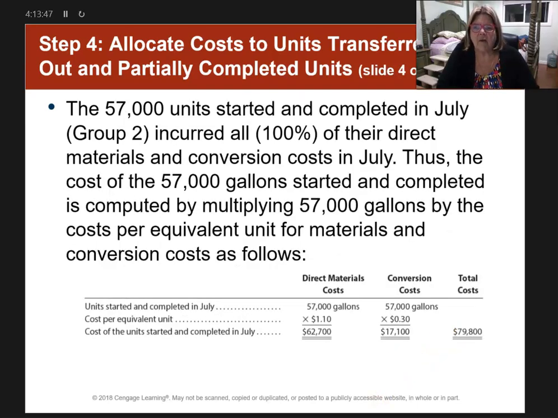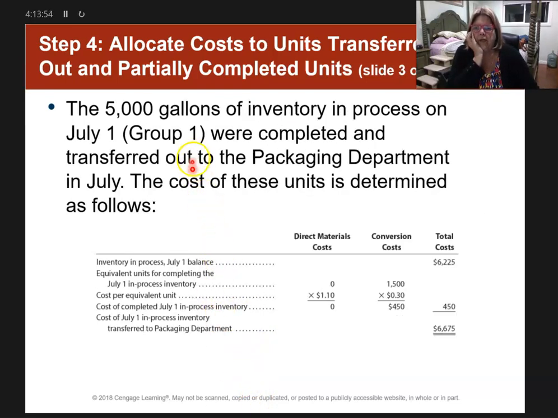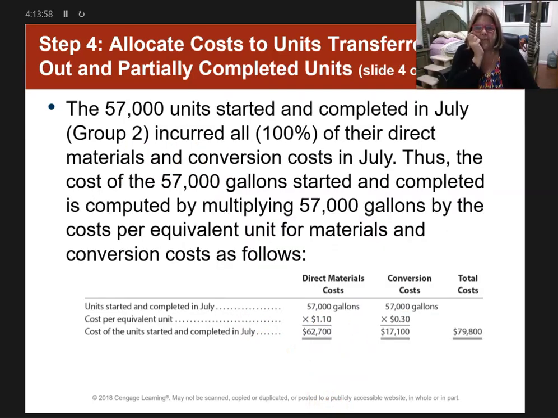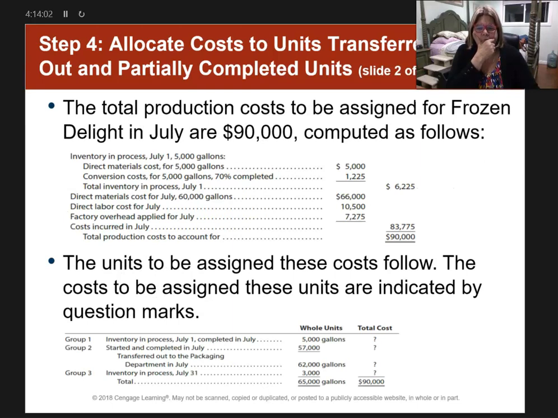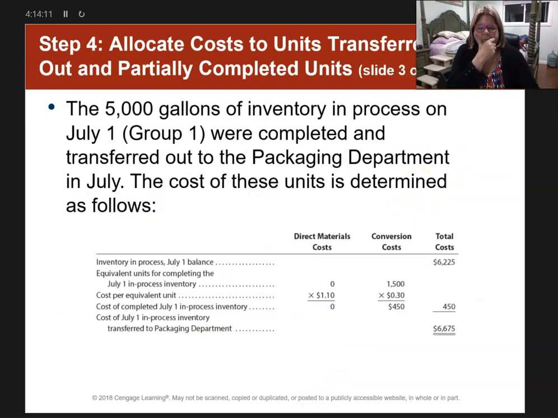So here's kind of a better chart to see how it looks, okay? And by the way, this was just group 1. We're going to now do group 2 with these same multipliers. Let's back it up. Let me show you something. Okay, so this was my beginning inventory cost at the beginning of the month.